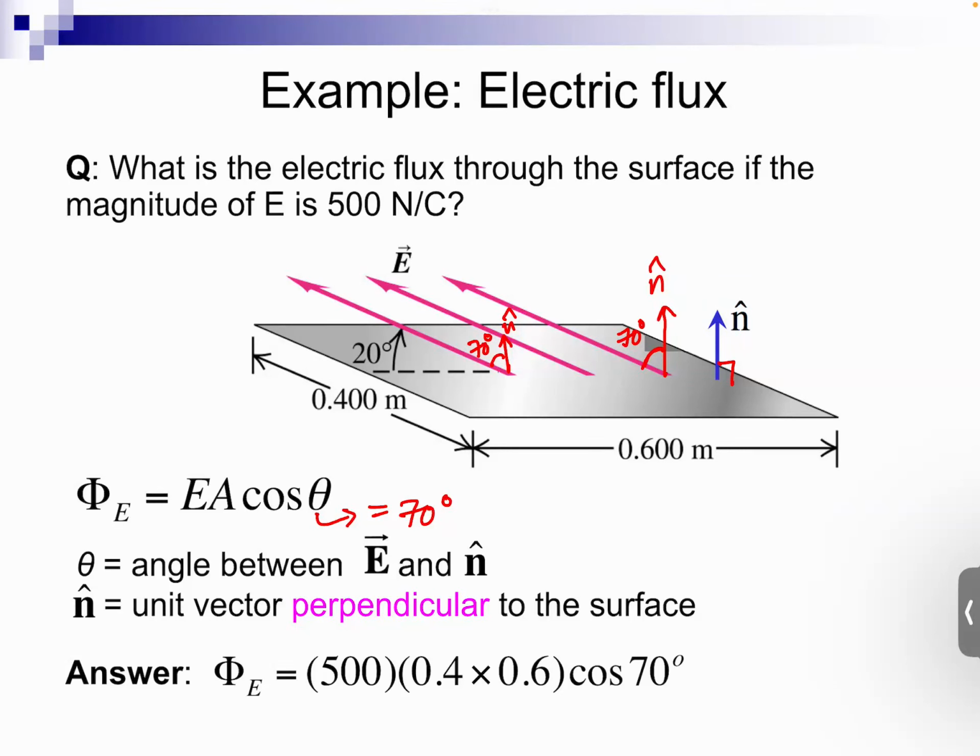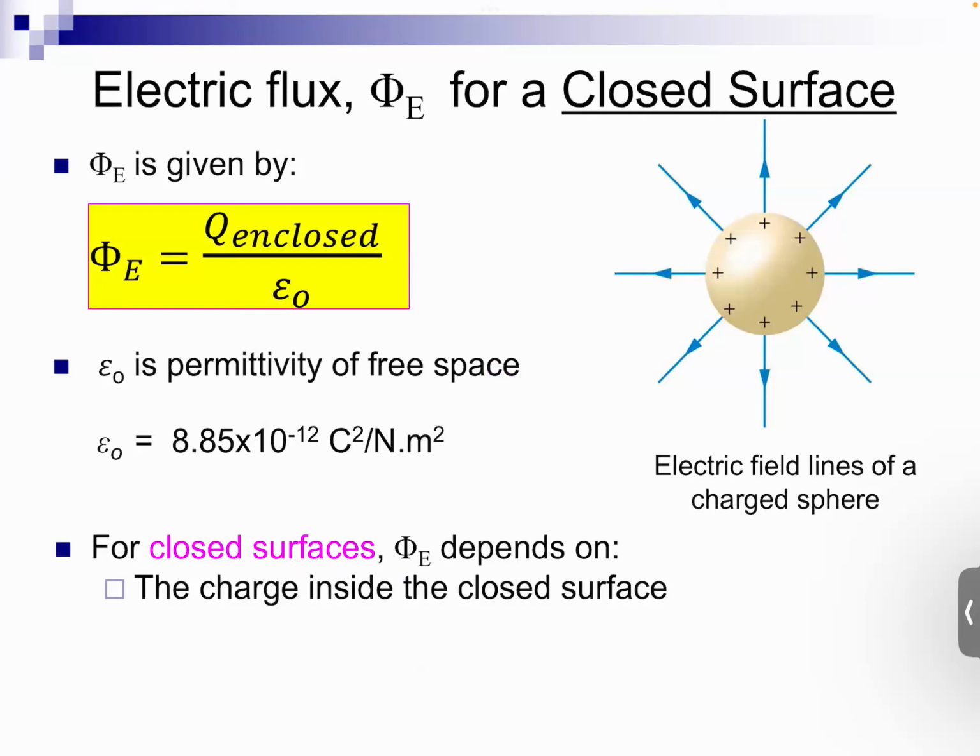Right? So if the surface is open, like in this example, you calculate the electric flux using this equation. But you can also enclose the charges. Say, for example, you have charges inside a sphere, as shown in this figure.